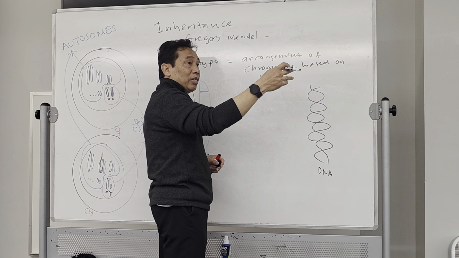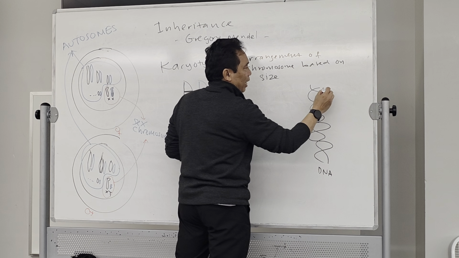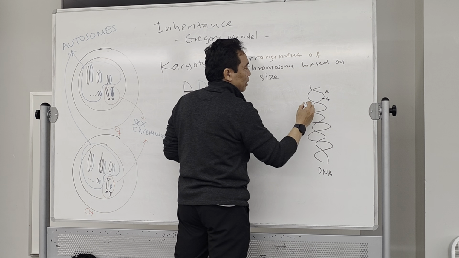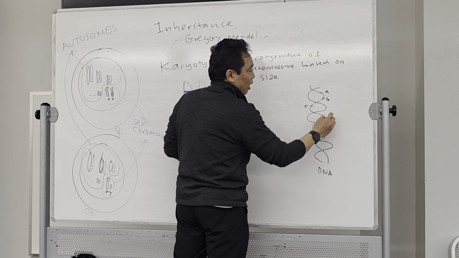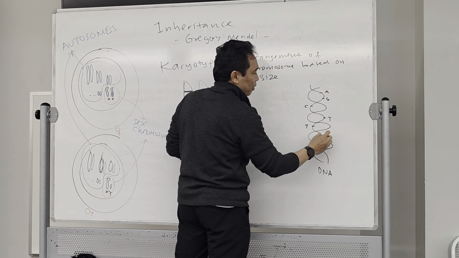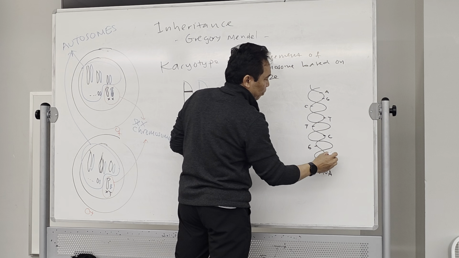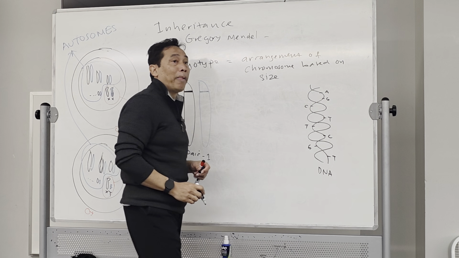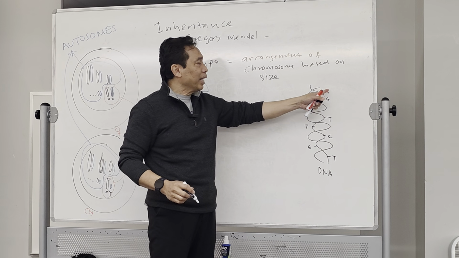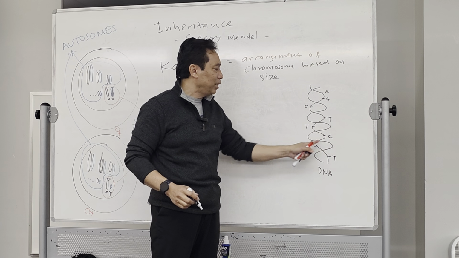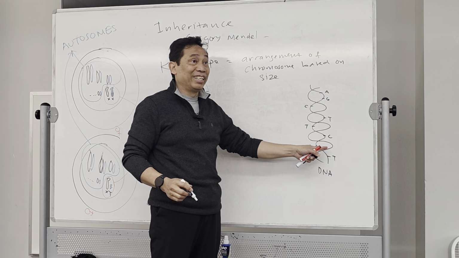There are 4 types of nucleotides: adenine, guanine, cytosine, thymine, maybe another thymine over here, cytosine, guanine, maybe another thymine over here. So basically you have a sequence like A, G, C, T, T, C, G, T, like that, okay?